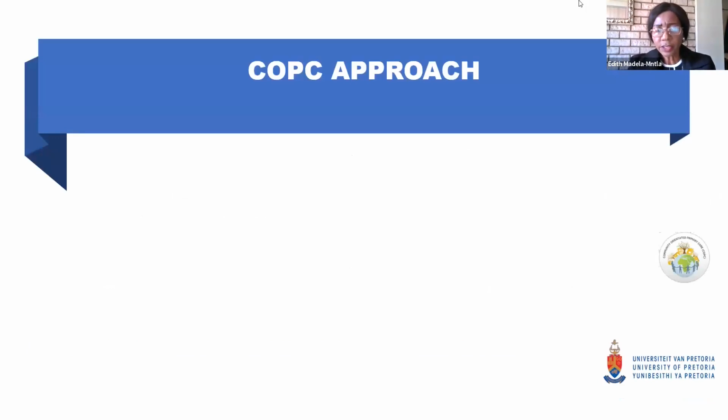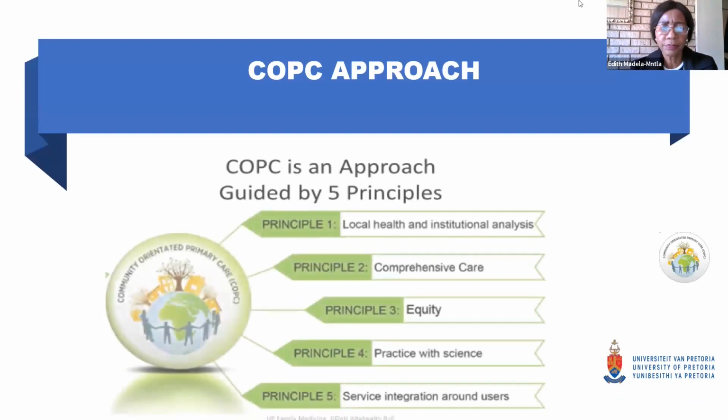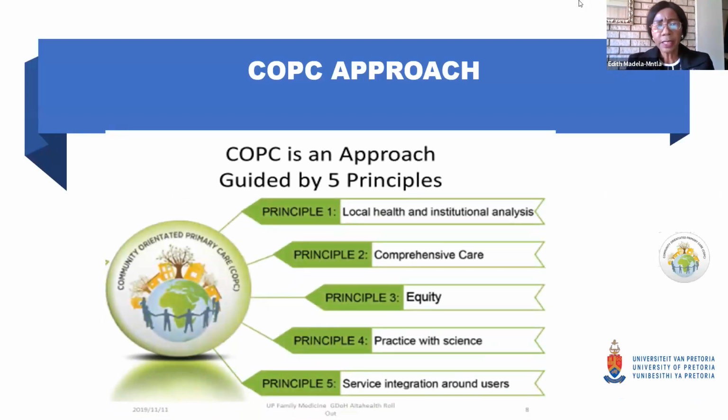So what does the COPC approach entail then in terms of our program? It's implemented in terms of 5 principles that guide it. The first principle is to look at local health and institutional analysis. So this is the context within which the person being cared for is situated.